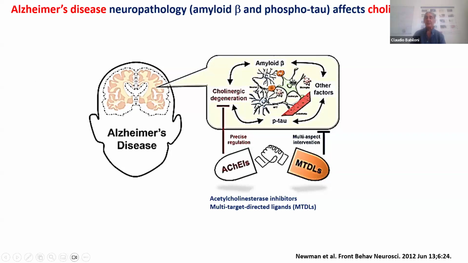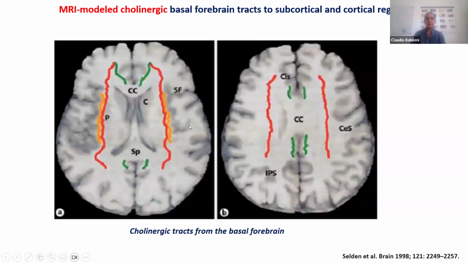Because we know that Alzheimer's disease neuropathology, amyloid and tau and phospho-tau, affect particularly cholinergic neurons.